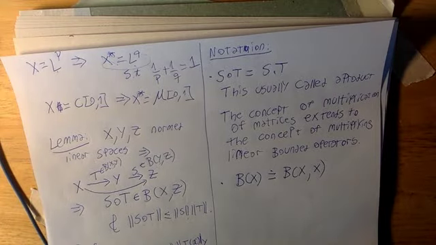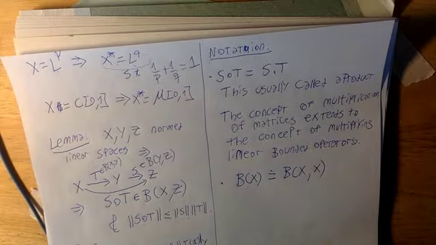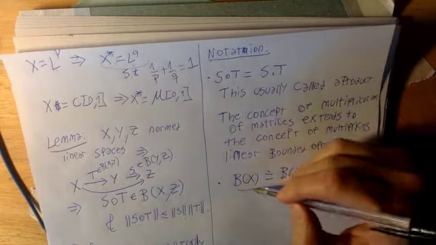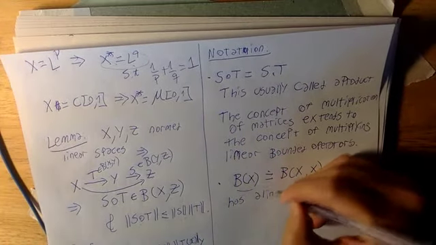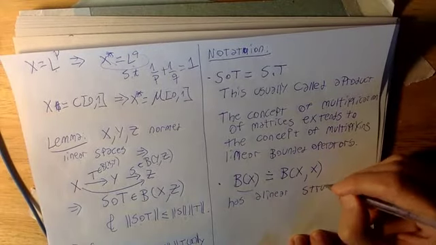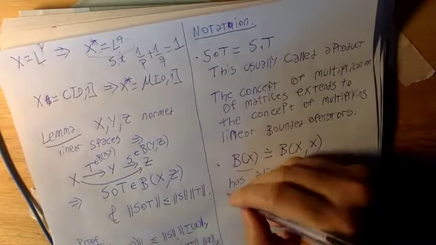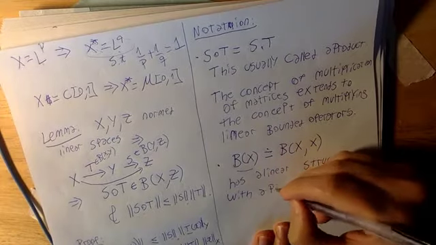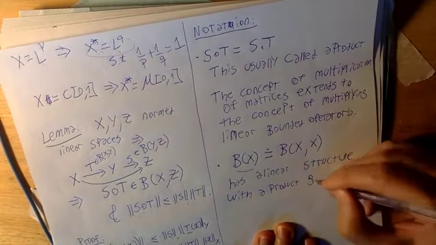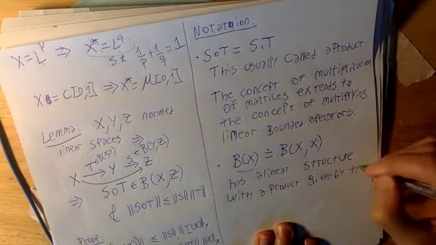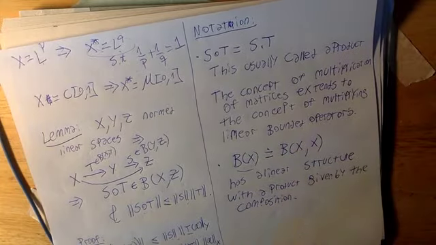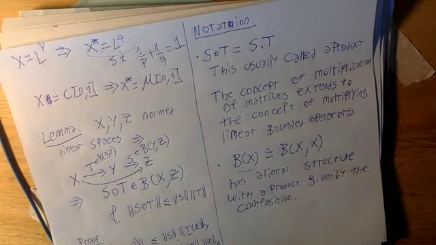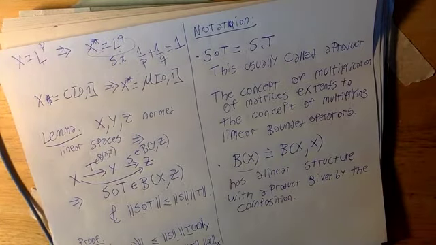What is the point of considering this B(X), especially with this product, is that B(X) has a linear structure with a product given by the composition.